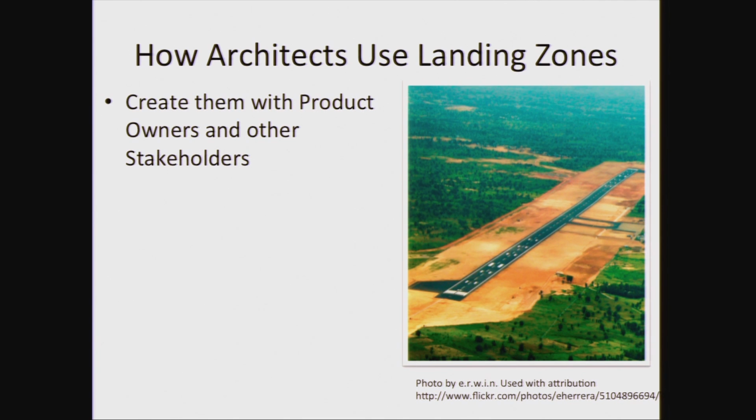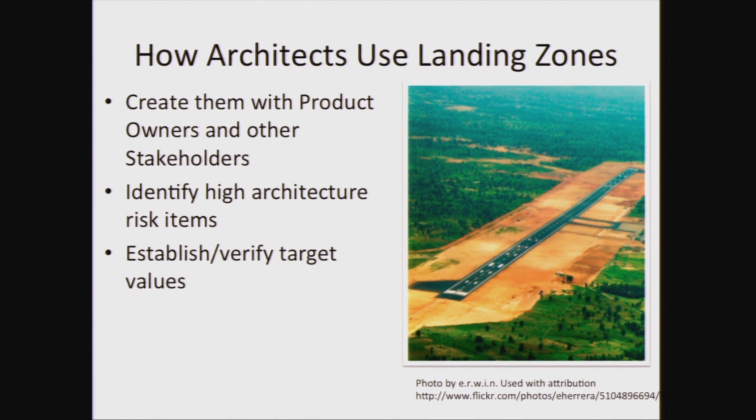Do we have any sort of performance targets for these things? Do we have any sort of reliability targets? What are they? And I want to identify high-risk items and establish target values. I don't necessarily expect product owners to tell me that.